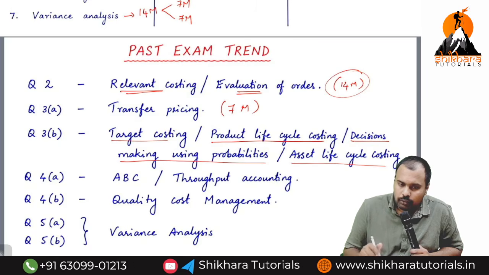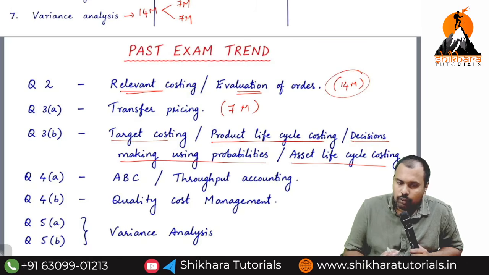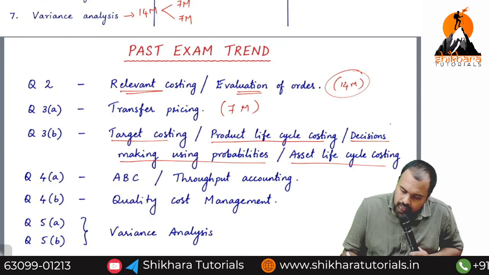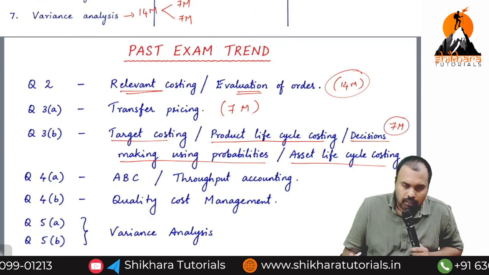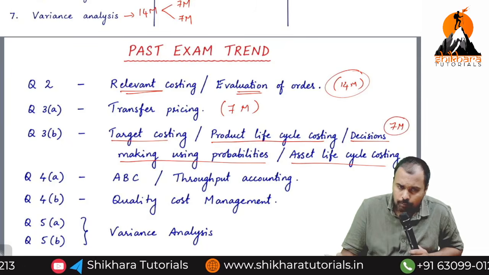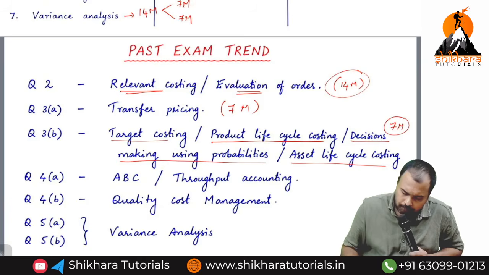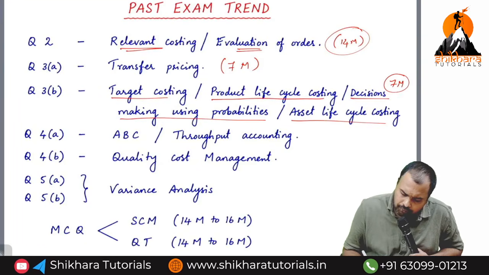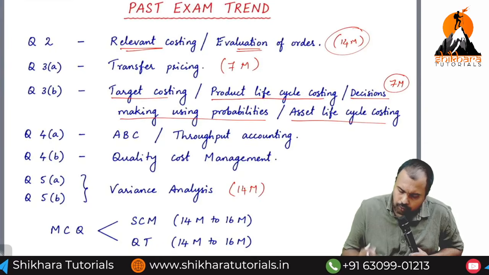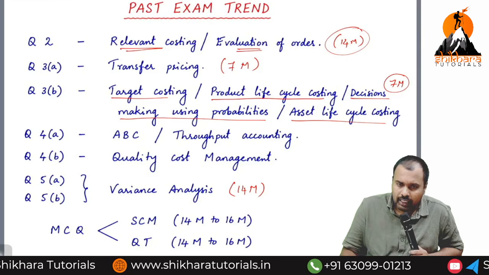Even if you start now, you can complete all 4 in 2 hours. Very easy, and you can easily grab the 7 marks question. The questions are very straightforward, very small questions they are giving from these topics, so never leave this one. And next, 5A, 5B, from variance analysis, you are going to get a straight 14 marks. So these are from A category.